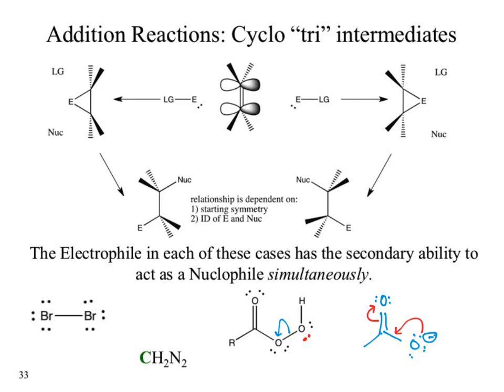Oh, there is resonance to stabilize it, which means that's a good leaving group. We now have an oxygen with a pair of electrons and a good stable leaving group, which means we have a reagent that's going to satisfy the conditions for that cyclic three-membered intermediate.